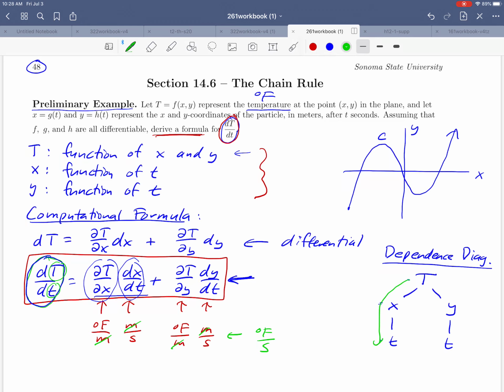But then there's another path that takes us from T to t. And if you look at the path there, we're going from T to y. That's this derivative. And then going from y to t, that's this derivative. And you can always use a diagram like this to figure out what that chain rule formula is. And we'll use that method in the examples that we do.